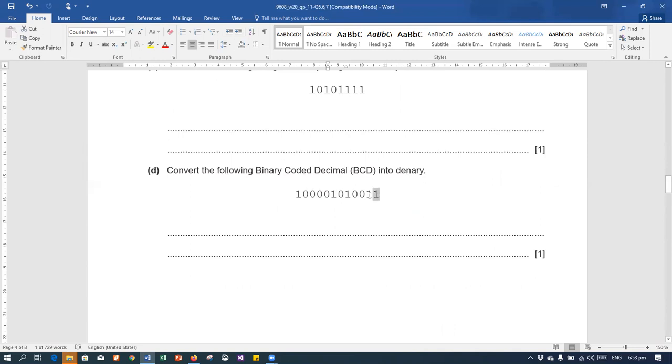What about this? BCD. Starting from the left side, start making groups of 4. This should be considered, then 1, 2, 3, 4. This should be considered, and these 4. So what would be the answer of it?